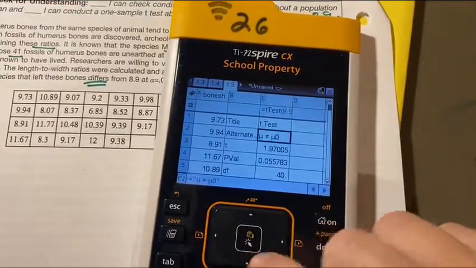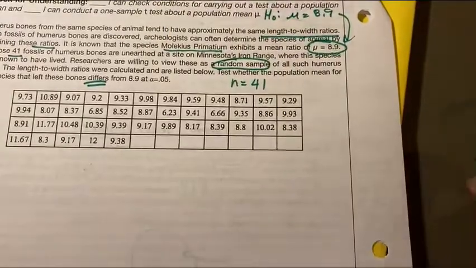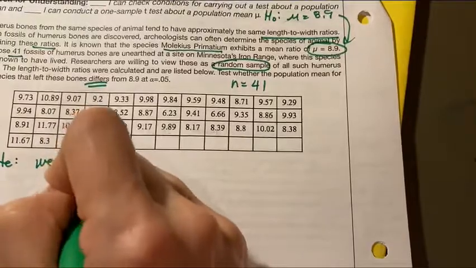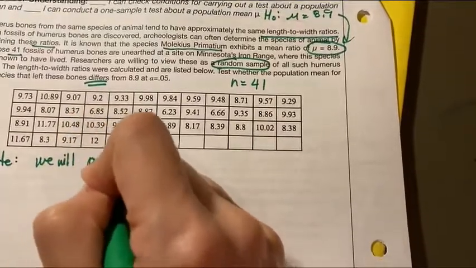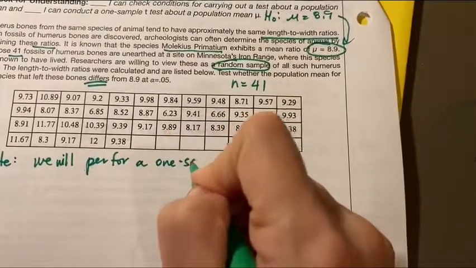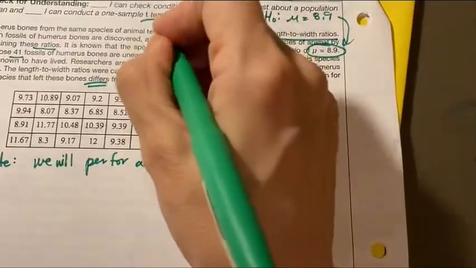So let's take a look. Get out all our steps. So state. We will perform a one sample t-test.